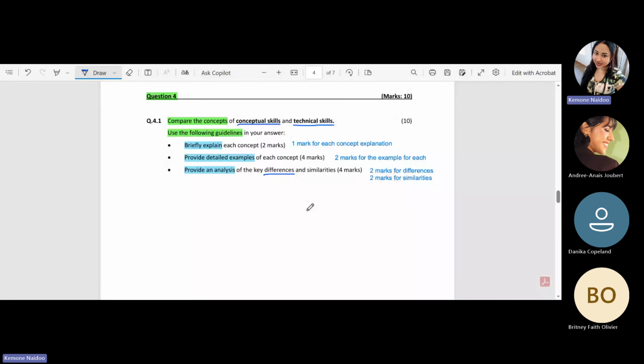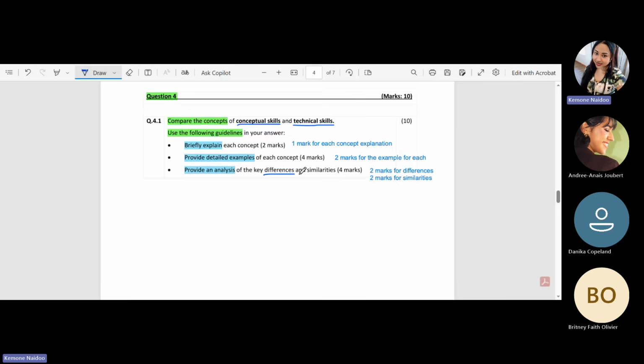So with conceptual skills and technical skills, conceptual skills focus more on strategic thinking and decision making. They're mostly at top management, and technical skills, on the other hand, are about performing specialized tasks, and these are mostly for low and middle management. So you can talk about the differences as such.